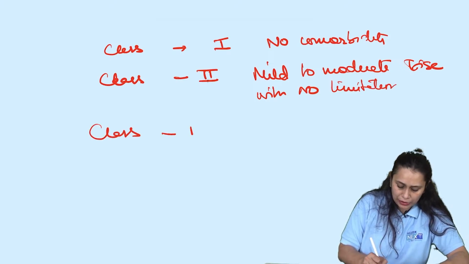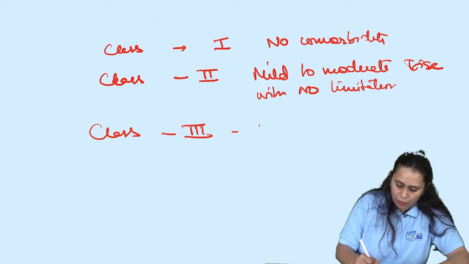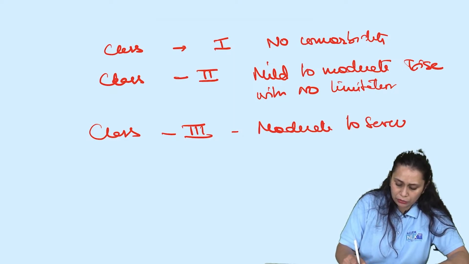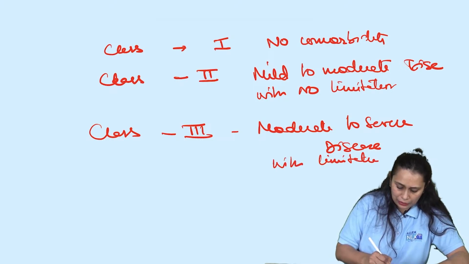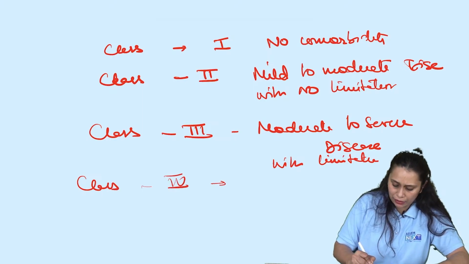Class 3, moderate to severe disease, with limitation. And class 4, constant threat to life.